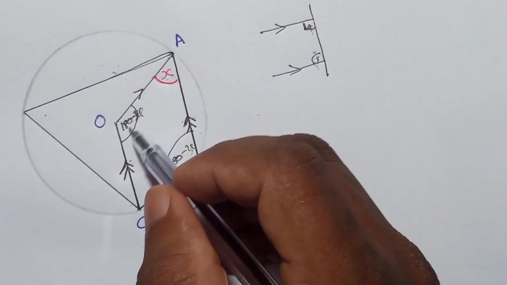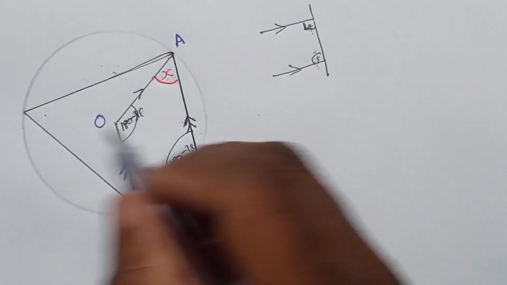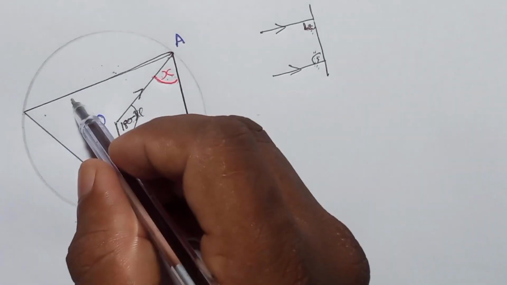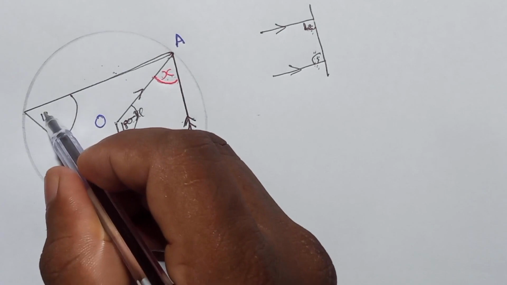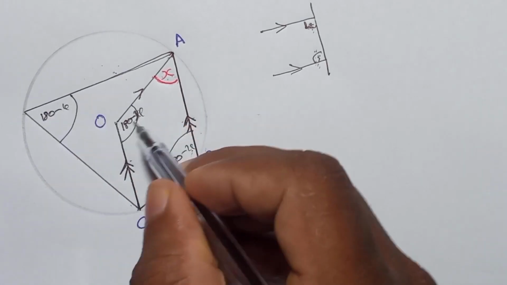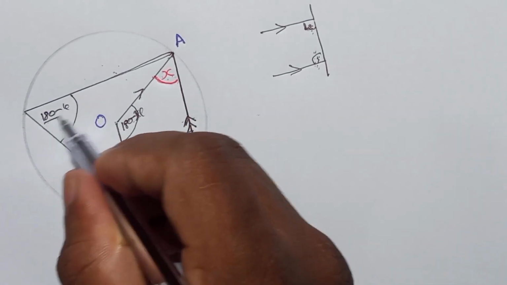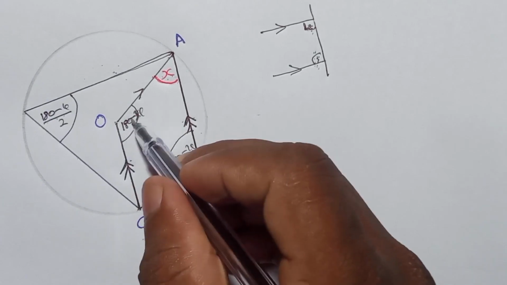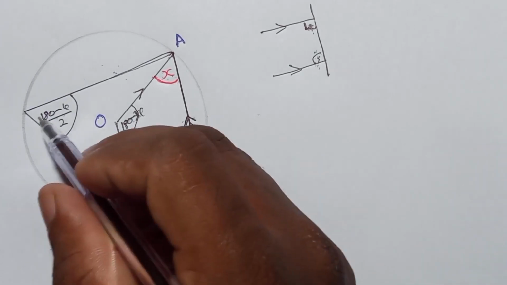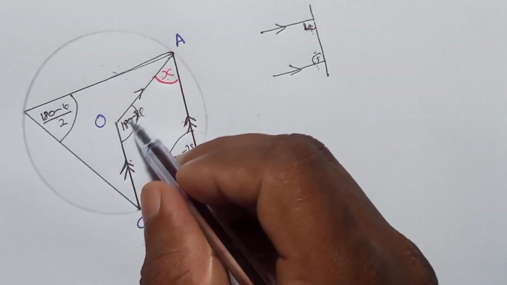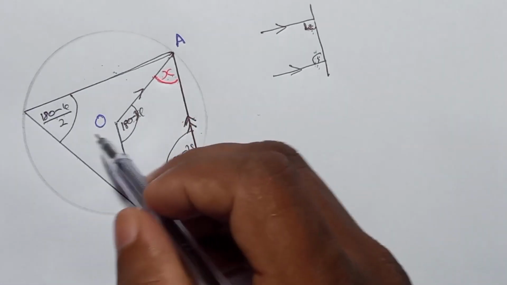Now if this is 100, this will be 50. If this is 60, this will be 30. Like that, you can name this angle, because this angle is divided by 2. Half of this angle will be equal to this. So that's why I can write 180 minus x here.